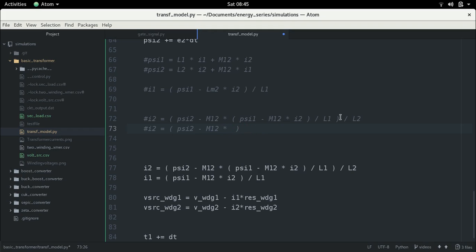So instead I'm going to say psi1 plus m12, basically it's m12 squared, so I'll just do a multiplication here into I2, and this entire thing is divided by L1, so it's m12 multiplied by psi1, and m12 squared multiplied by I2 divided by L1, and the entire term is divided by L2, right? This is what we have. All I have done is open out this bracket, right?